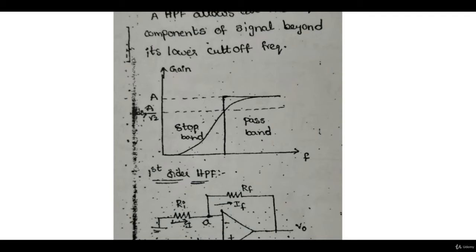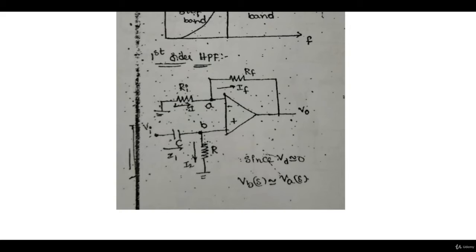Now this can be achieved by the first order high pass filter that you can see here. It is exactly similar to the low pass filter, we just replace the positions of C and R. The rest of the circuit looks the same. RI, RF and currents I1, I2, I, IF are all the same.